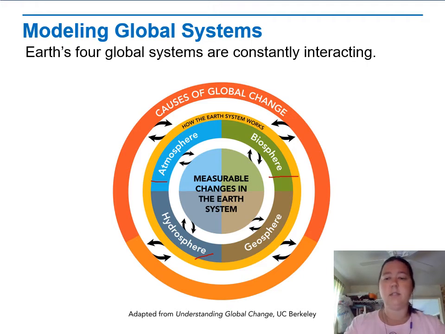Right now, take a deep breath. You personally have now just interacted with, I would say, 2.5 systems. 1, the biosphere, because you're a living thing. 2, the atmosphere, because you breathed in air and you breathed out. And I say a half because of the hydrosphere: you also have water exchange, water vapor.